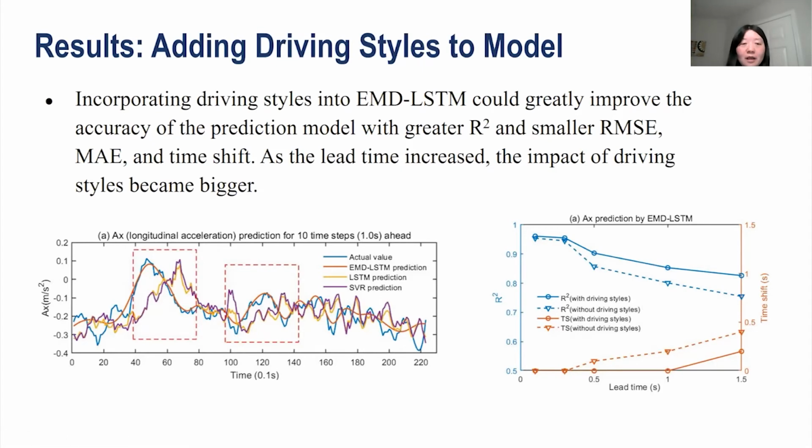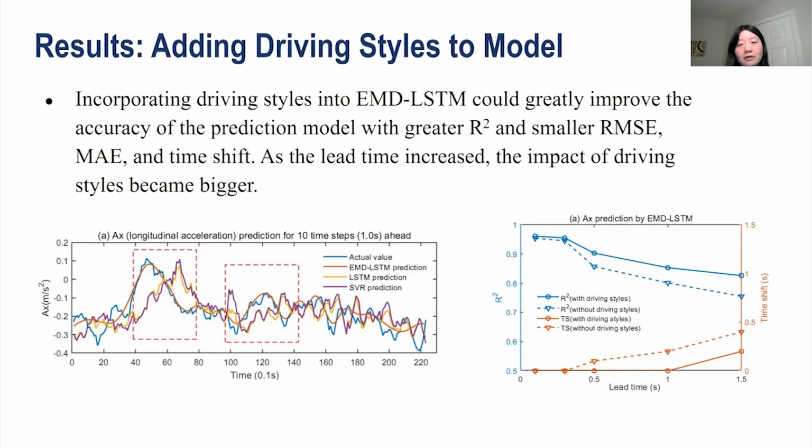So basically, the message here is that our method of using EMD LSTM can give us a relatively accurate model prediction. The model accuracy, actually the performance, decreases with the lead time, which is understandable.